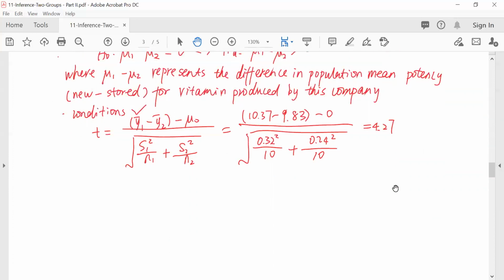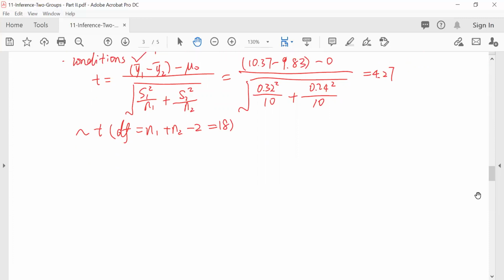And this one, third step, find the null distribution, calculate the p-value, and make a decision about your hypothesis. This will follow a t-distribution with approximate degrees of freedom equal to n1 plus n2 minus 2, which is 18. So we are going to find now a t-distribution with degrees of freedom equal to 18, and this is the test statistic we have calculated.